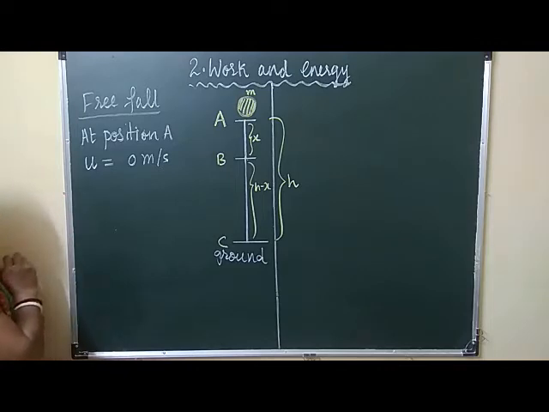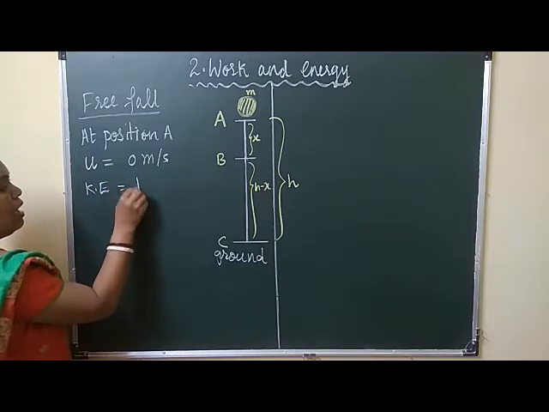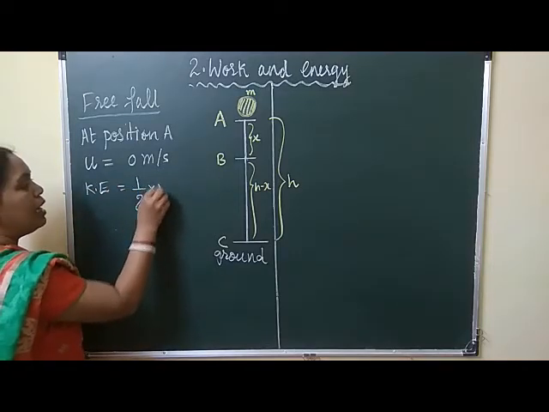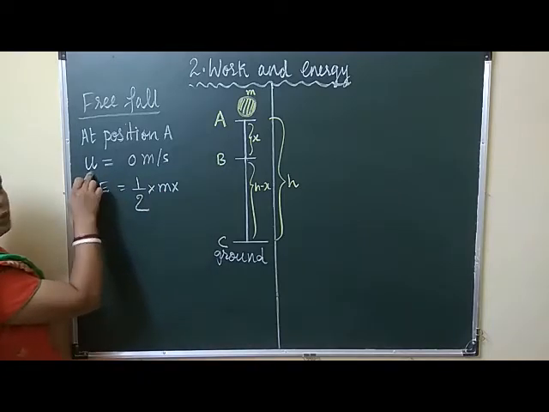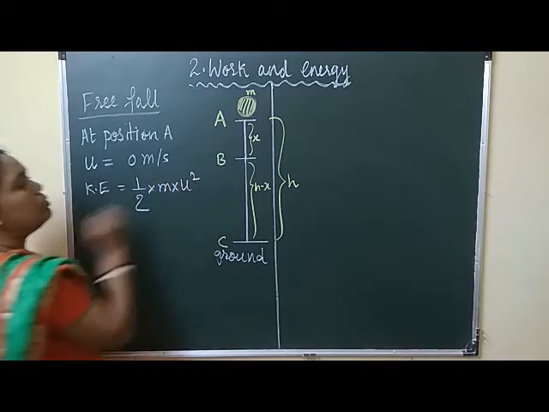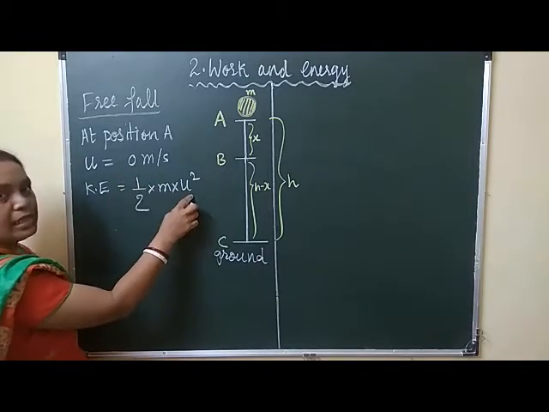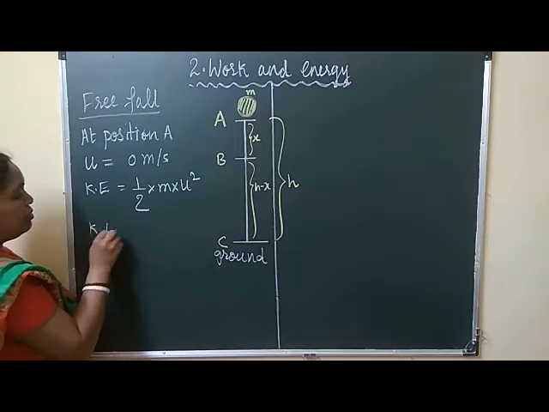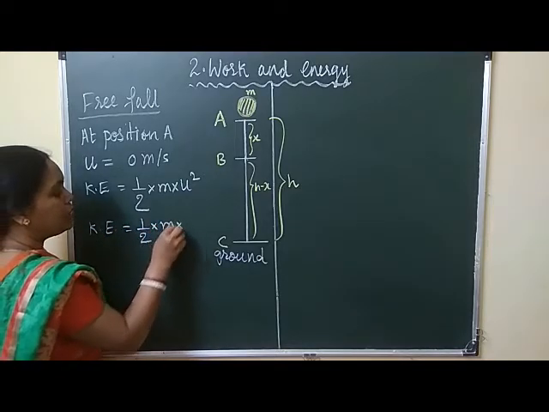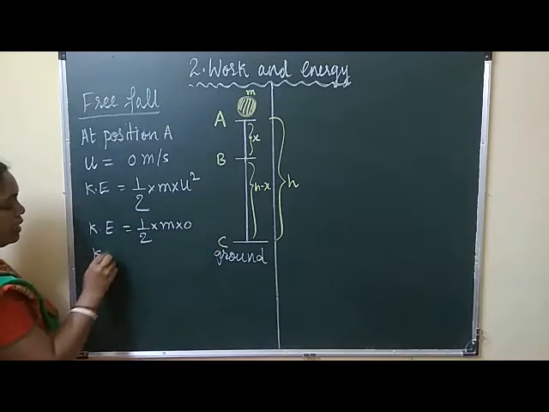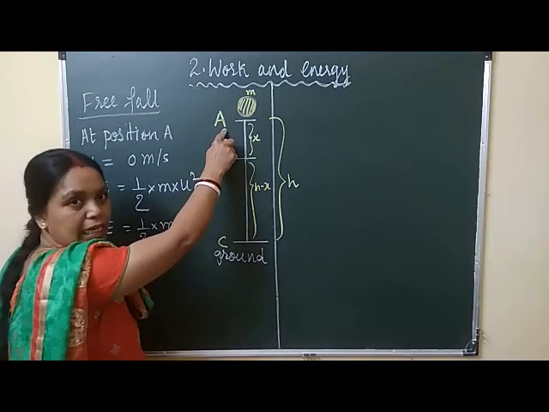We know the formula: kinetic energy of an object is half into mass into velocity squared, that is half m u squared. Now here u is 0, so if we substitute, we get half into m into 0, that is, kinetic energy is 0 at position A.